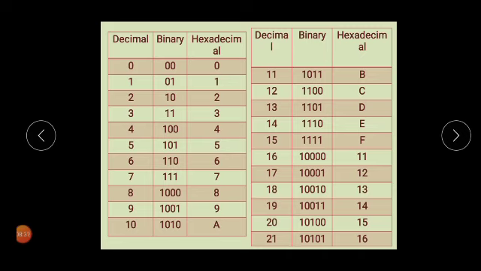After this, 4 is represented by 100, 5 is represented by 101, 6 is represented by 110, 7 is represented by 111.